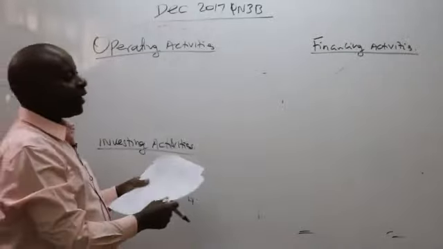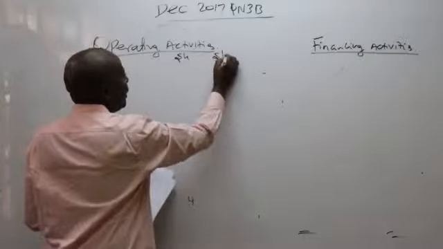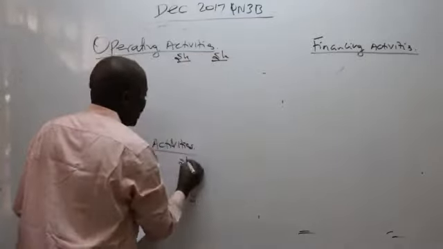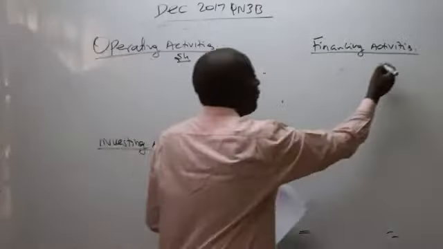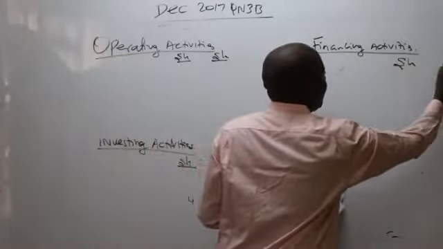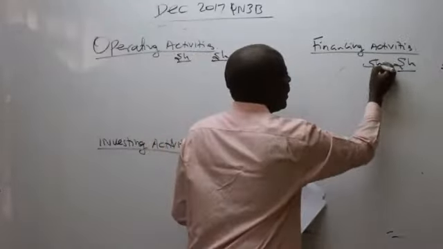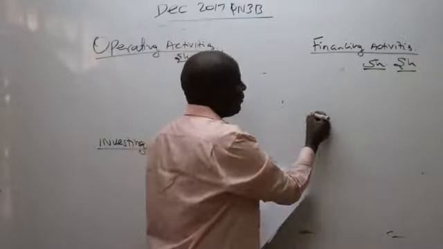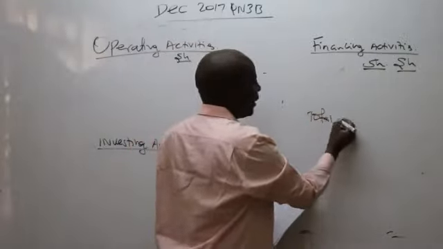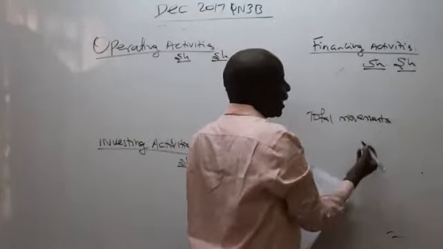Ladies and gentlemen, after financing activities, of course, I know that here I have shillings. I'll have to capture my currencies like that. So at the end of the day, I'll capture something we call total movement, the total movement in terms of my activities.